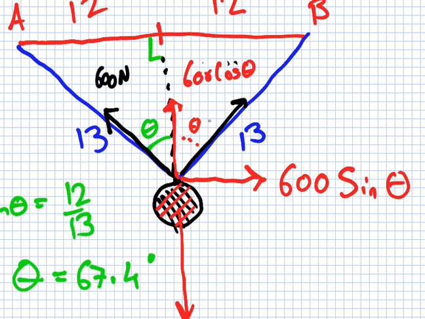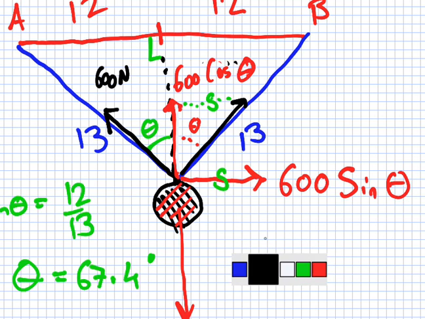But remember, whichever side touches the angle, that's the cos, and the side that's opposite, that's the sine, which is this one here. I think it's not clear because I wrote it up here. I should really write it like here, 600 cos for this one. Alright, so that's 600 cos theta.